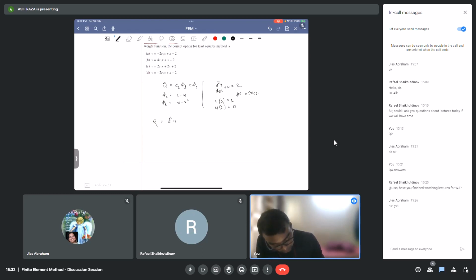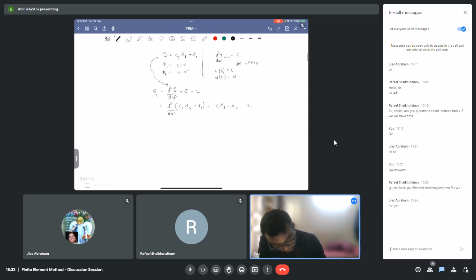It will be d square u hat by dx square plus u hat minus 2. When we substitute u hat, we get d square of (c1 phi 1 plus phi naught) by dx square plus c1 phi 1 plus phi naught minus 2.